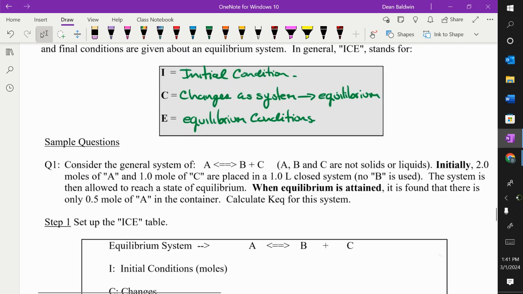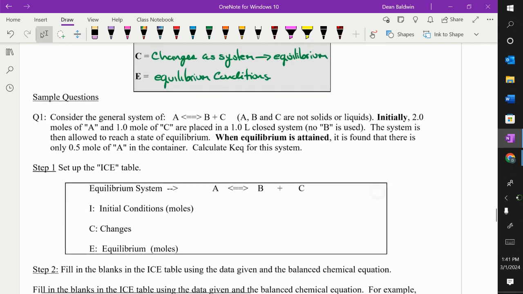So the most basic kind, we have A breaks apart in a decomp reaction to B plus C. They're not solids and liquids, so we can use them in a KEQ. Initially, we have 2 moles of A, 1 mole of C, and they are placed in a 1 liter container. That's important because that'll be concentration, moles per liter.